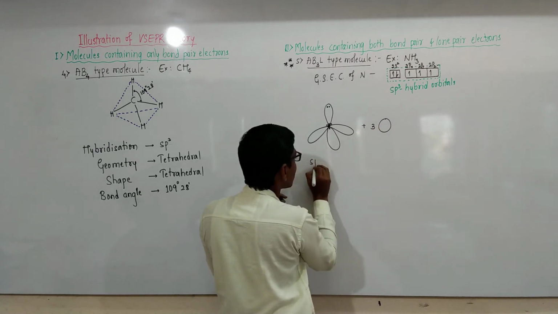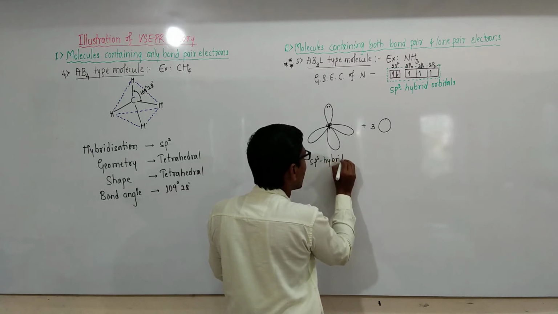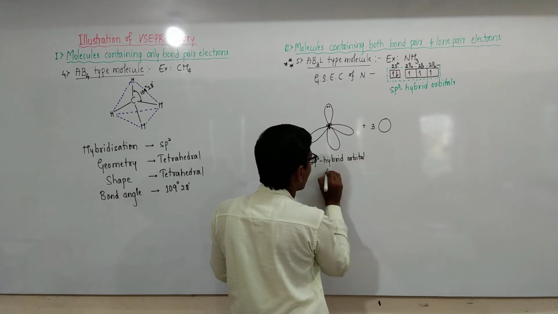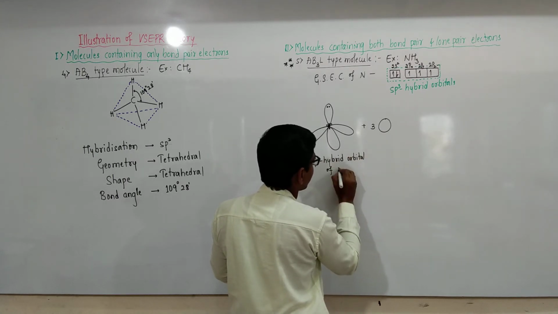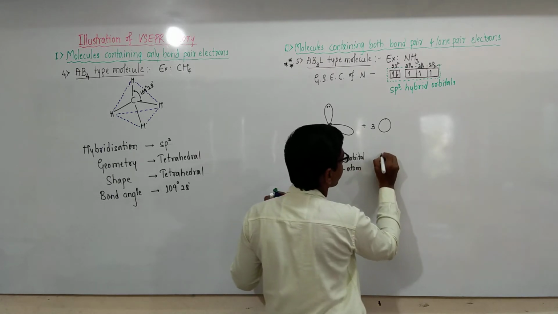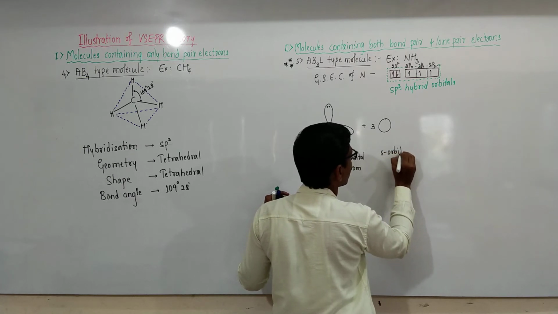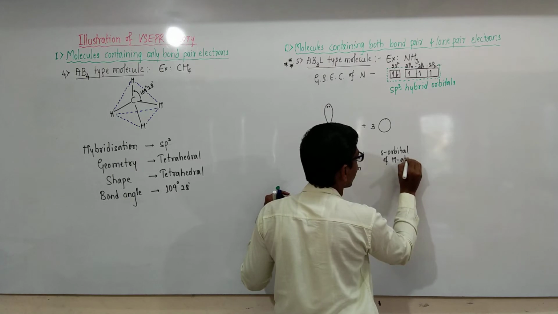This is the sp3 hybrid orbital of nitrogen atom, and this is the s orbital of hydrogen atom.